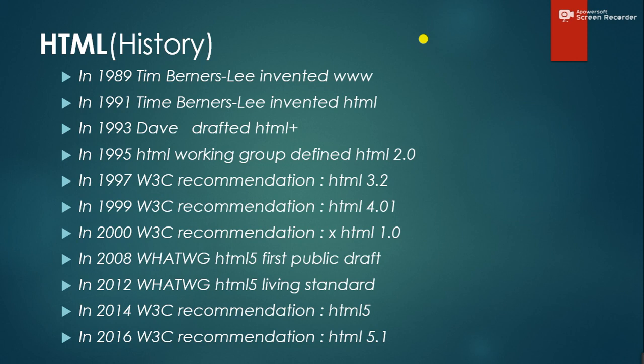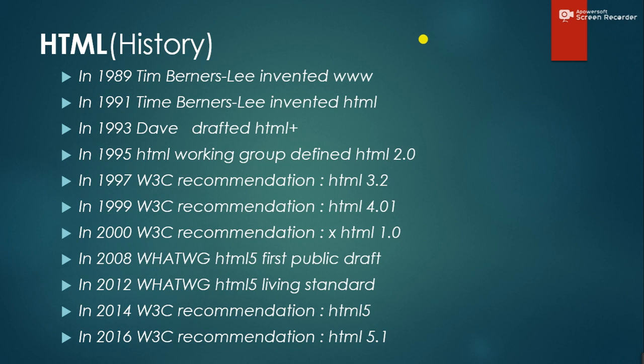In 1991, Tim Berners-Lee invented HTML, Hypertext Markup Language, the first language to appear in the market for creating website pages. In 1993, Dave Raggett created HTML+, which added some more features to the existing HTML.